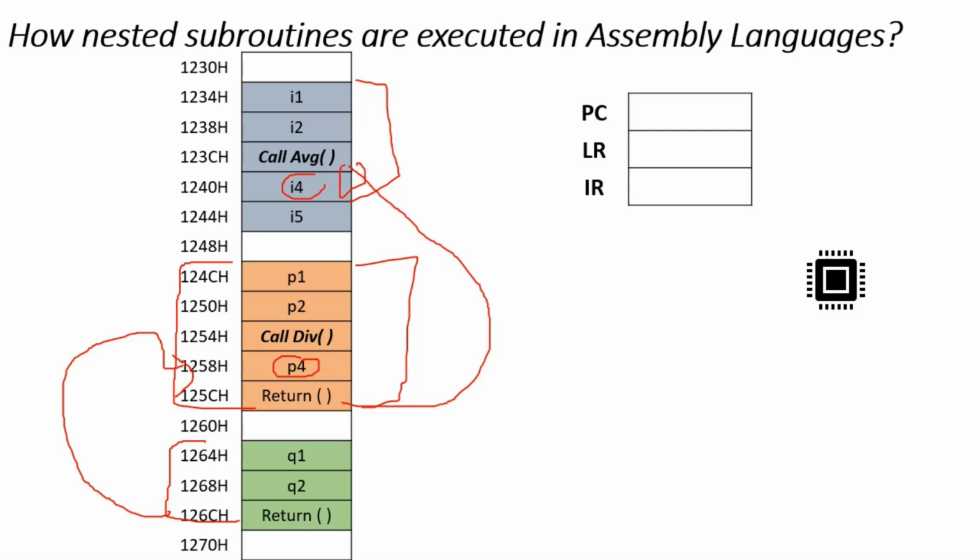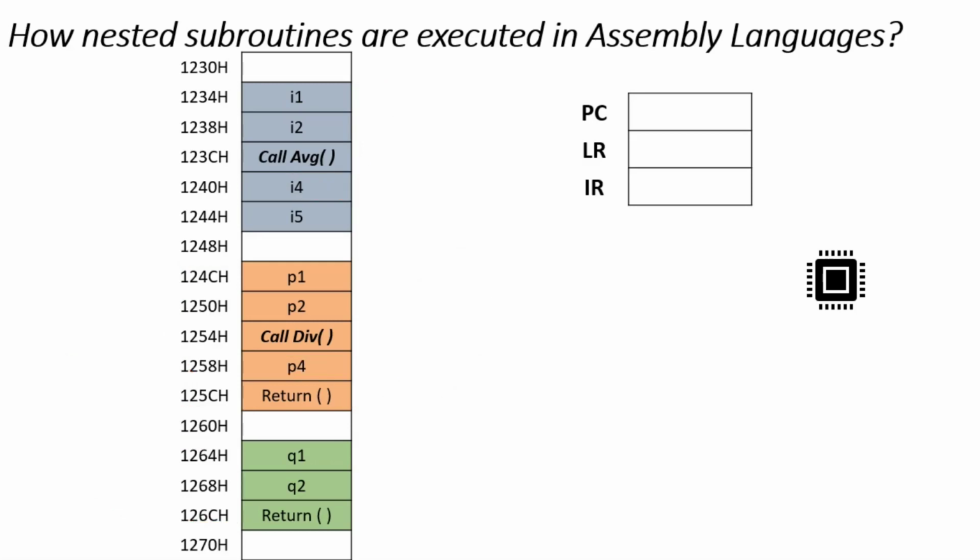Now let us see how the link register concept fails in nested subroutine execution. Here the processor executes I1, I2, then when the processor is executing the function call average, PC will be pointing to I4. The processor comes to know that this is a function call, so it has to execute P1, not I4.